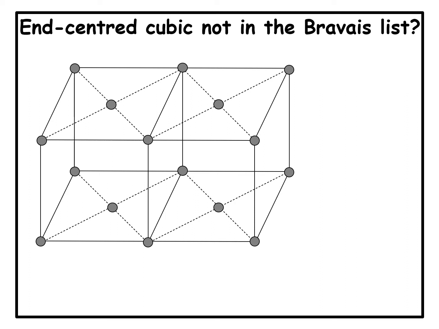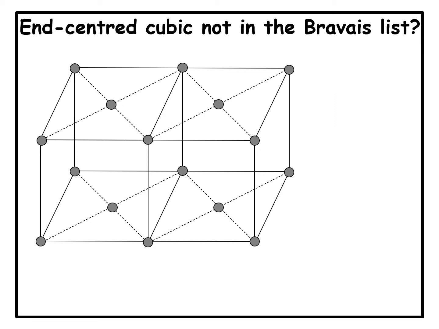But if I place only on one pair of opposite faces, in this case the top and bottom faces, and I have not put lattice points on the left and right faces or front and back faces, then I should get an end-centered cubic lattice.